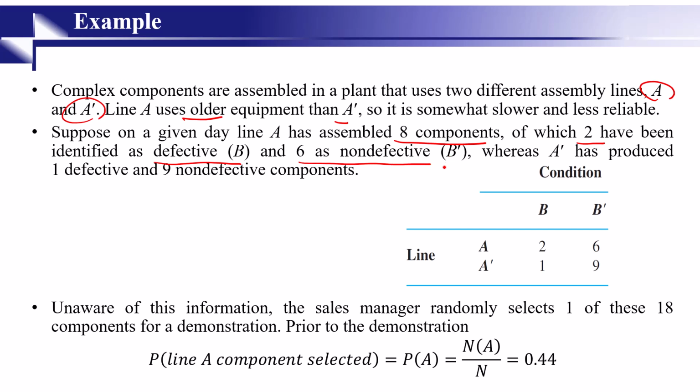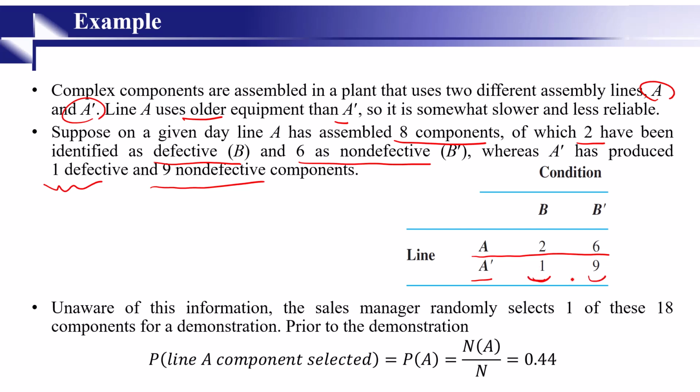Line A prime with newer equipment makes 1 defective and 9 okay. We can see this table summarizing it. Line A: 2 defective, 6 okay. Line A prime has better performance: 1 defective and 9 okay.